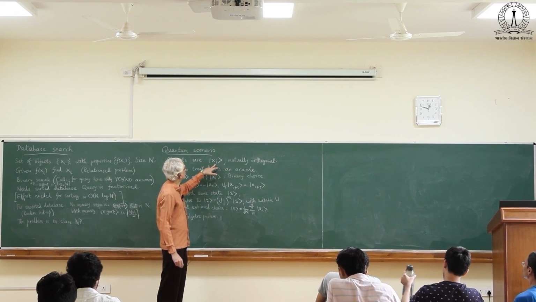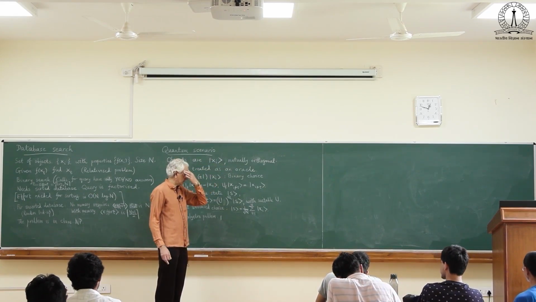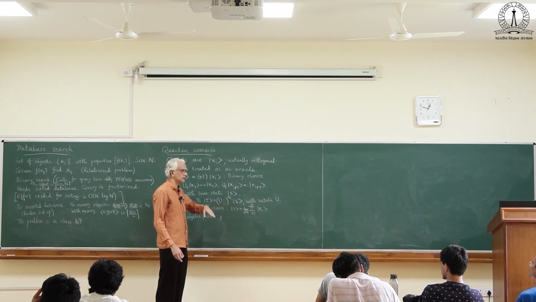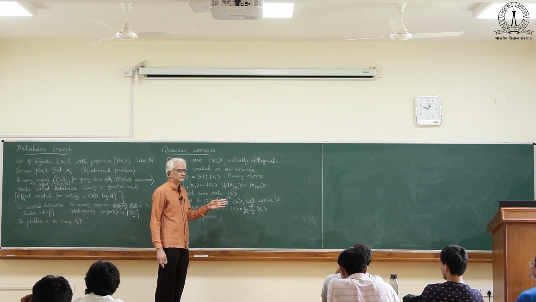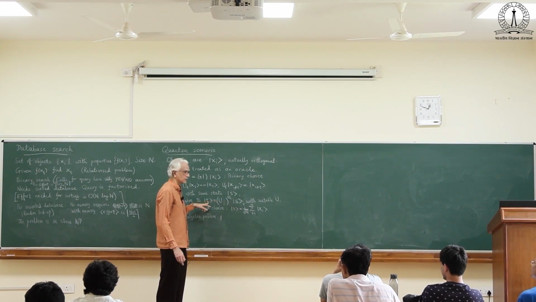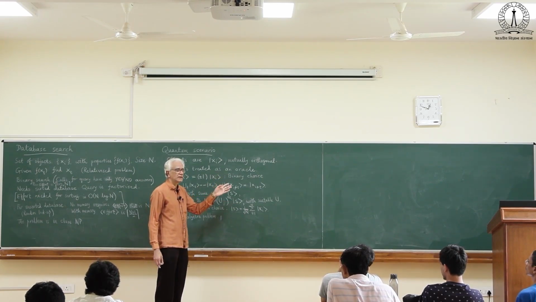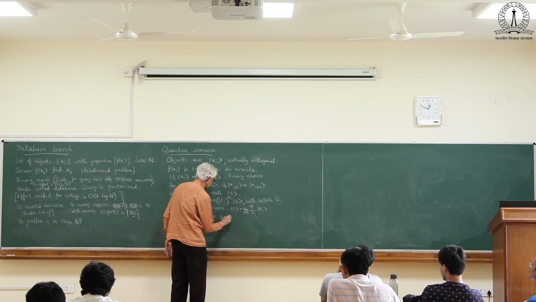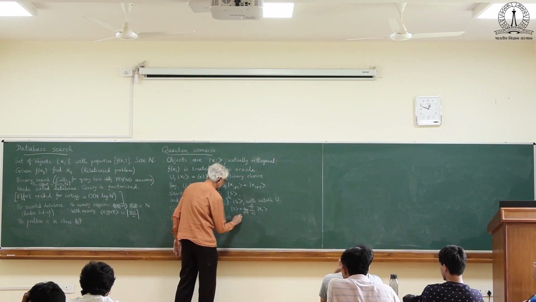I can choose all these things to be magnitude 1. So all you can do with a unitary operator is rotate. You are starting here, you want to reach this, it will be some rotation, and we have to find out the best way to do that particular task.